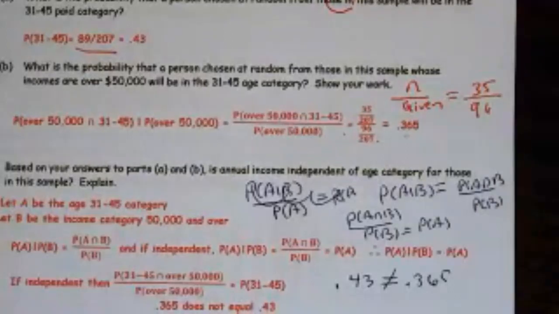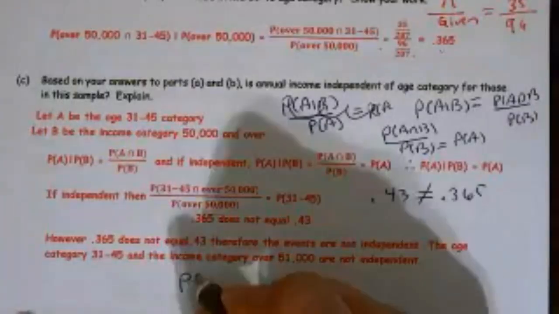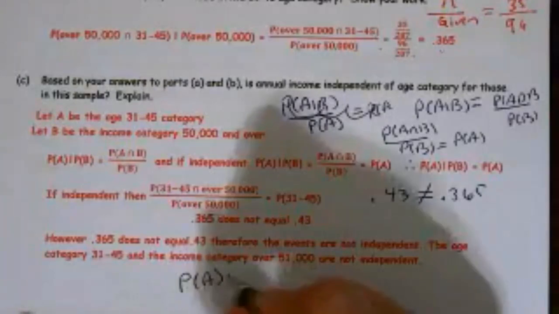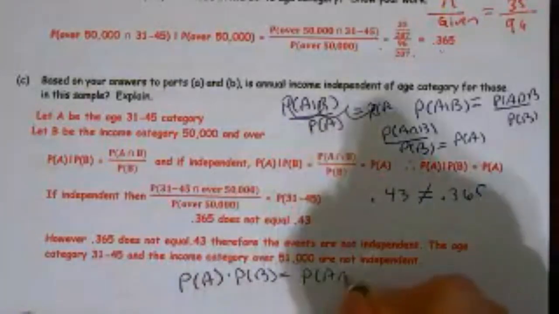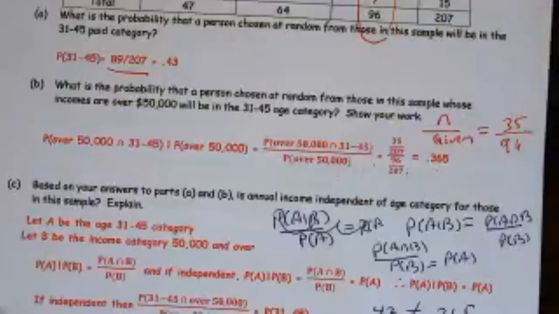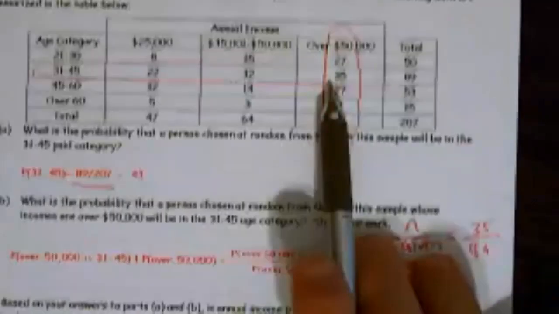Now, I'll be honest with you. I think that's hard for students. So that would get you full credit, but I could get you partial, which would get you 3 points. Partial is pretty easy because we should know the independence rule that says the probability of A times the probability of B equals the probability of A and B. Well, all we care about are over 50.